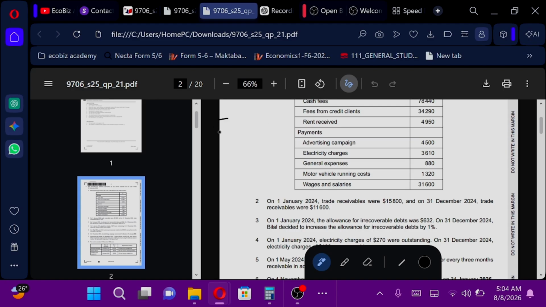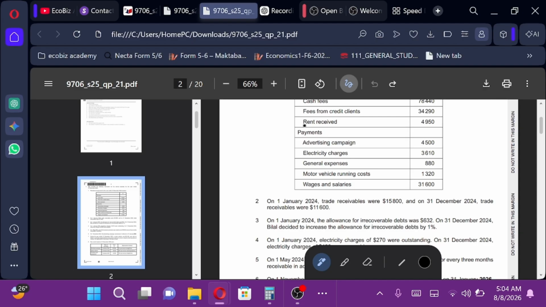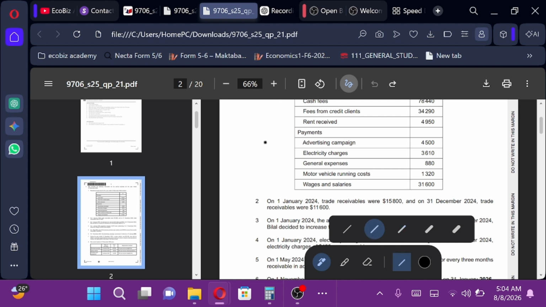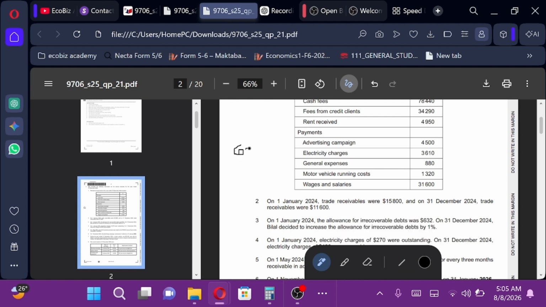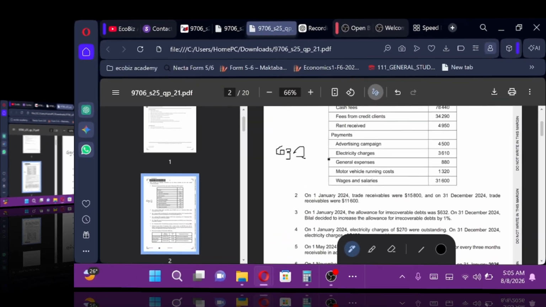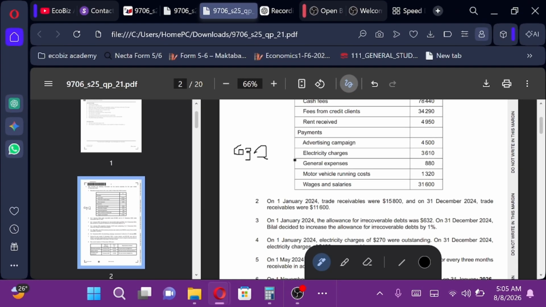So we just write it here. This is difficult, guys. Let's try this. 632. I don't know if you can read it. Forgive me. So we have 632.